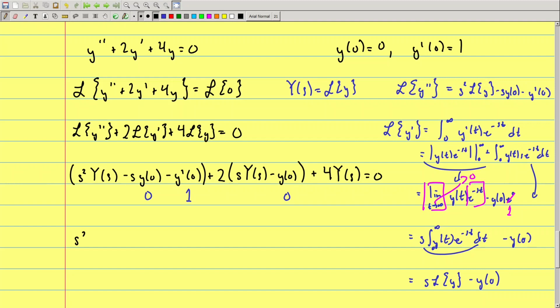And so we're going to have s squared, and I'm going to go ahead and combine like terms here. All of this stuff times Y of s. And the only other surviving term I have is this negative 1.